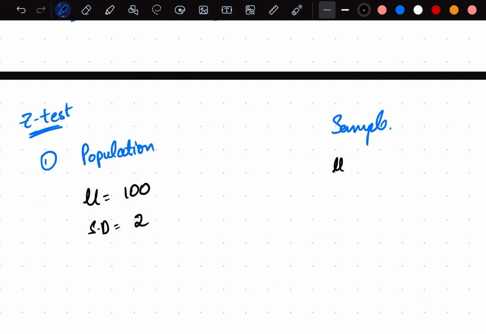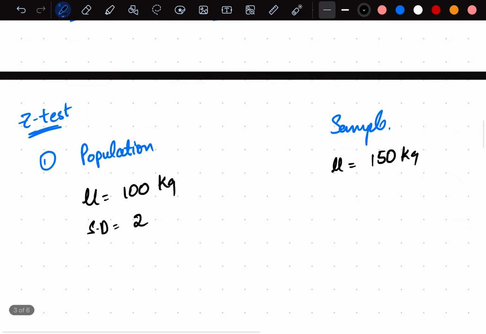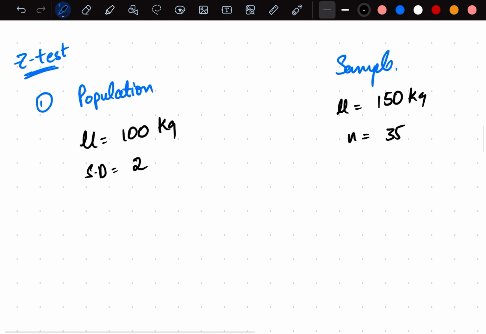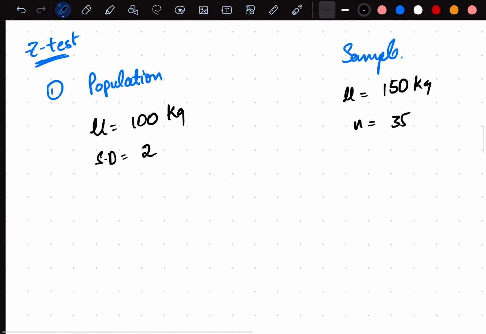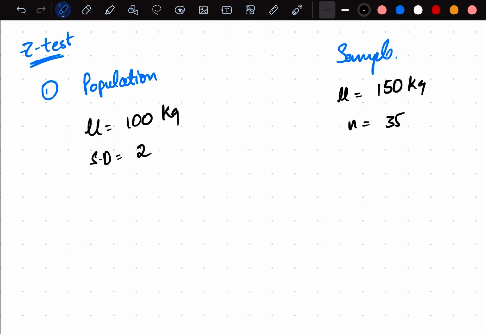The sample which we got here, we are getting 150 kg, suppose, and the number of samples is 35. The further steps I'll also be explaining, when to use z-test, when to use t-test, once I lay some ground between all these terms.